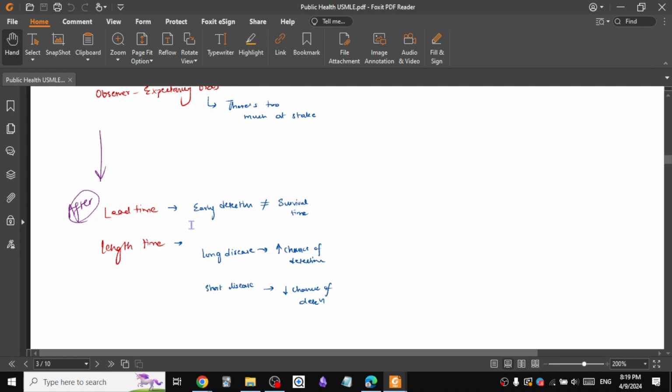For example, if a patient is diagnosed with lung cancer and I detect it early, say it developed right now and I detected it incidentally a month later.